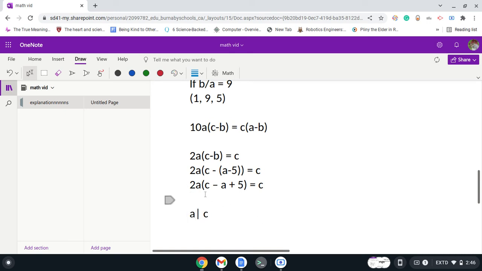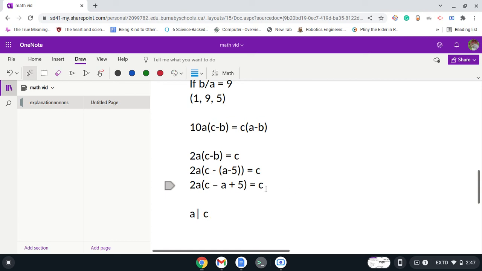So since A divides C, we know that A must be less than or equal to C, right? Because they're both positive. And since A is less than or equal to C, we know that this part, C minus A plus 5, must be at least 5, right? It must be greater than or equal to 5.